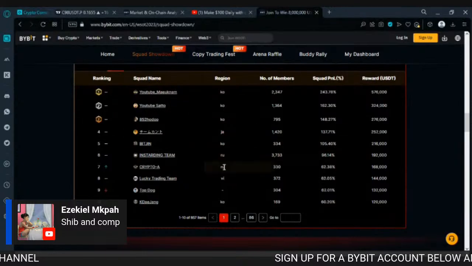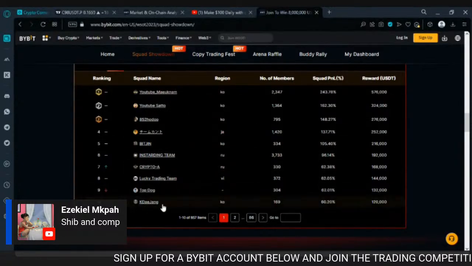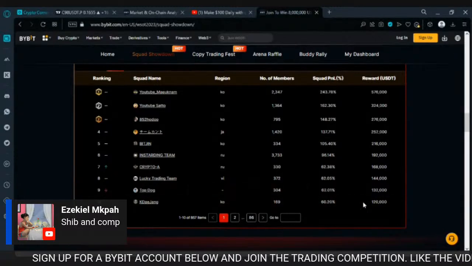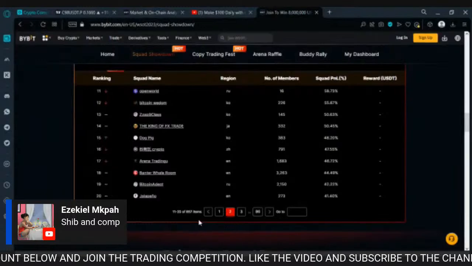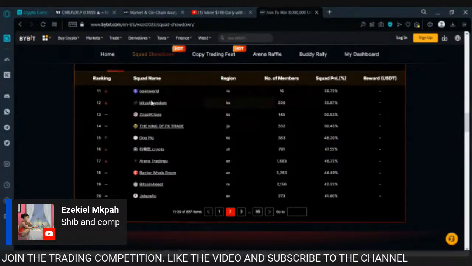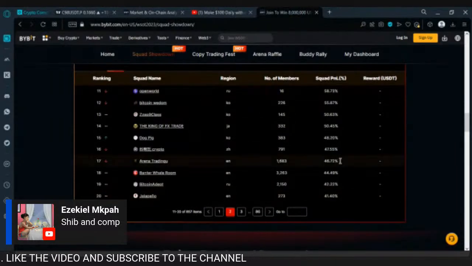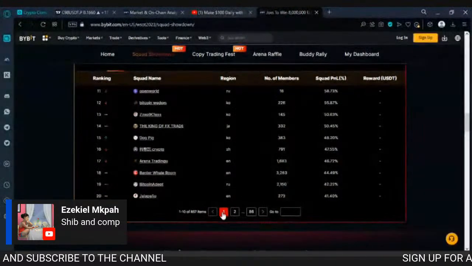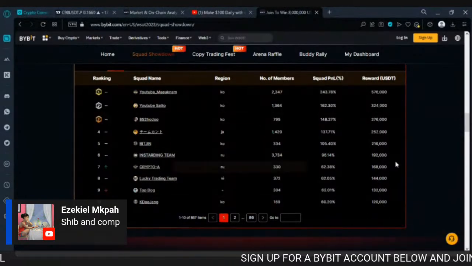Koreans are more on the list. The 10th person here, the top 10, is around $120,000. From here down to 20, you see there are no rewards. The top 10s, this is where the money is. The top 10s are the ones sharing the money.